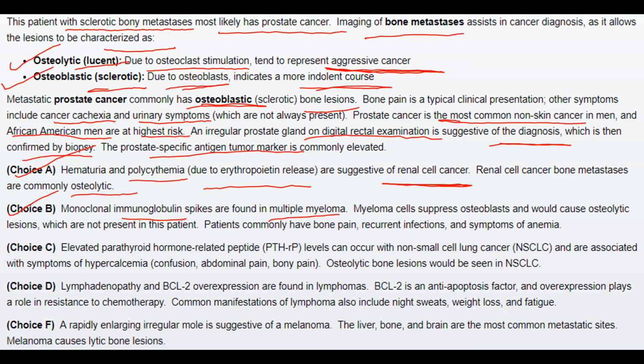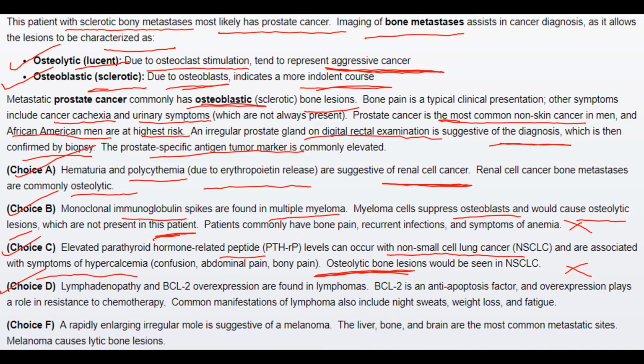Myeloma cells suppress osteoblasts and would cause osteolytic lesions, which are not present in this patient, and hence it was not correct. In choice C, elevated parathyroid hormone related peptide levels can occur with non-small cell lung cancer, which is associated with symptoms of hypercalcemia and osteolytic bone lesions. Thus, it was also not correct.